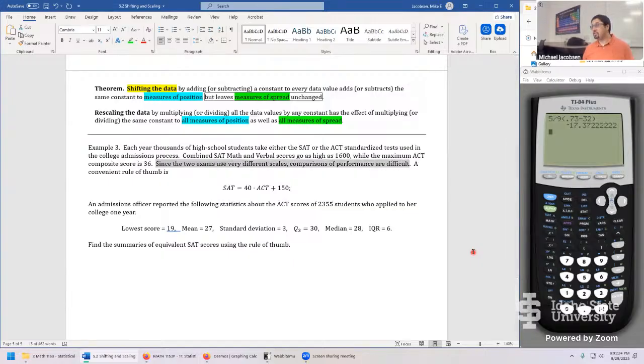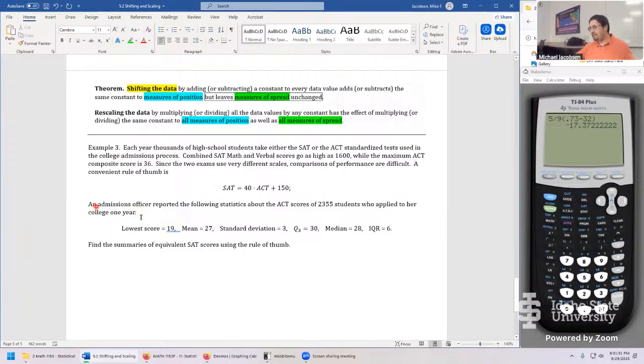Maybe one college uses SATs as a standard, and all you took was the ACT test. So that's one context where a formula is now handy. We want to make a comparison, and a convenient rule of thumb is that the SAT score is 40 times your ACT score, add 150. So that's probably not a perfect way to convert between the two, but that's their rule of thumb.